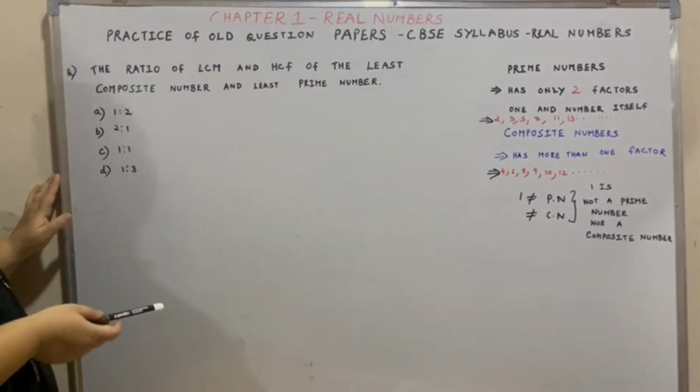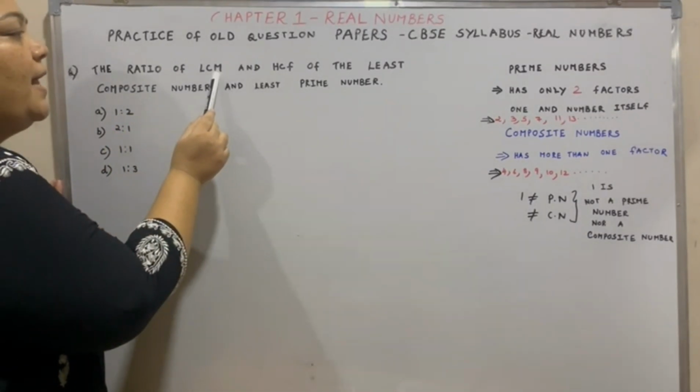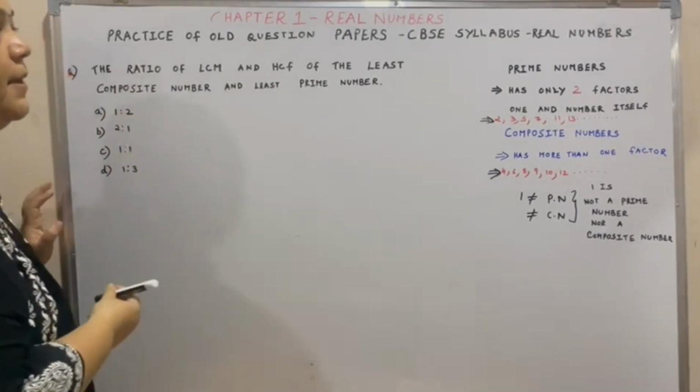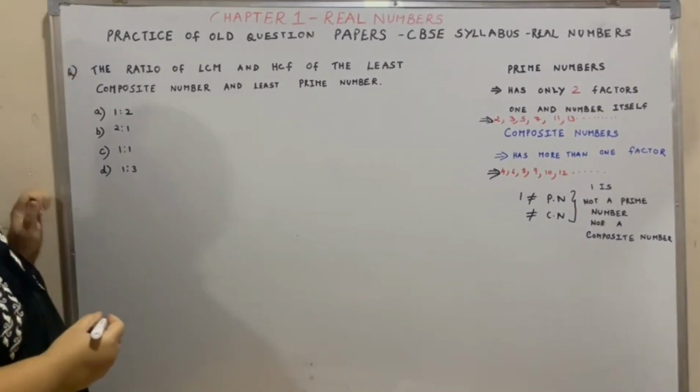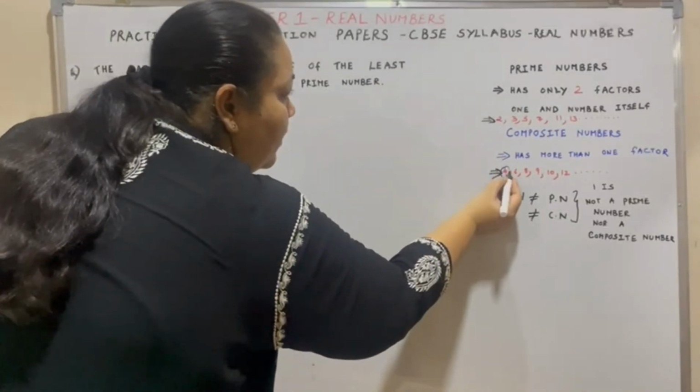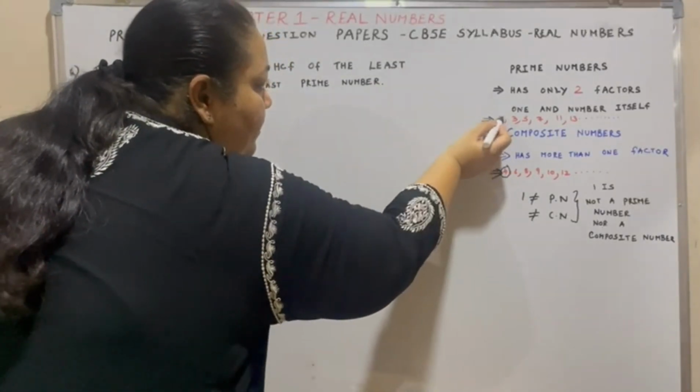Now in the question, what they have asked is the ratio of LCM and HCF of the least composite number and the least prime number. So what is the least composite number? The least composite number is 4. And what is the least prime number? 2.